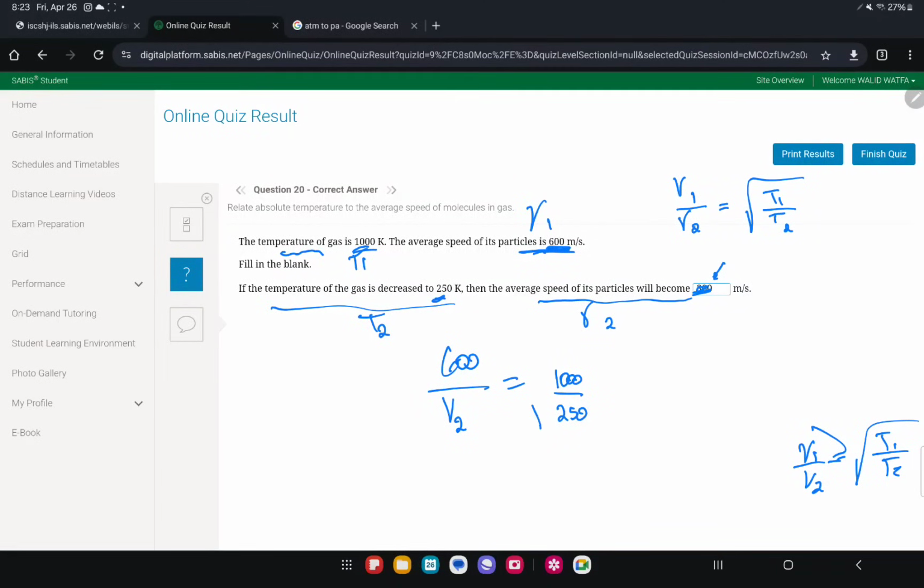We said radical T1 over T2, so you get 600 over V2 equals 2, because the radical of 1000 over 250 is 2. Then you divide 600 by 2 and you get V2 equals 300.